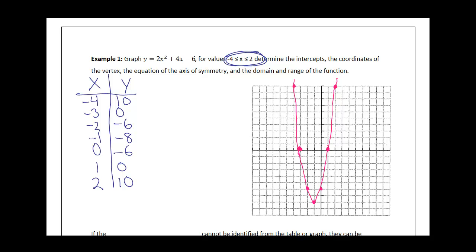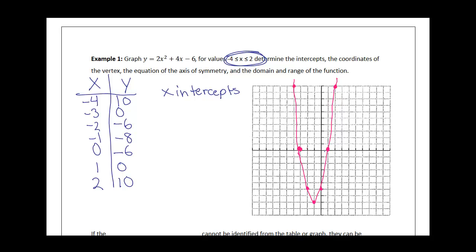Now since we have graphed our function here, we can take what we see as the graph and our points to determine the intercepts, the coordinate of the vertex, the equation of the axis of symmetry, and the domain and range. So first of all, the intercepts. Let's look at our x-intercepts first.